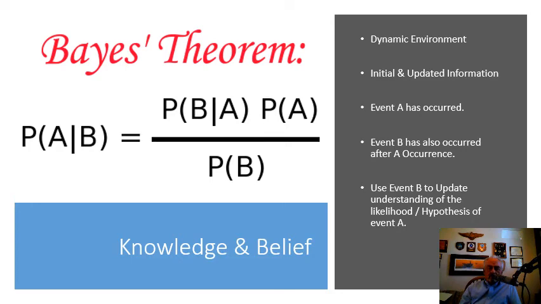Event B has also occurred after A has occurred, and it uses event B to update the understanding of the likelihood or the hypothesis of event A. So it's a combination of things, and it really does help us deal with the rather complex issues that we are faced when confronted with conditions of uncertainty.